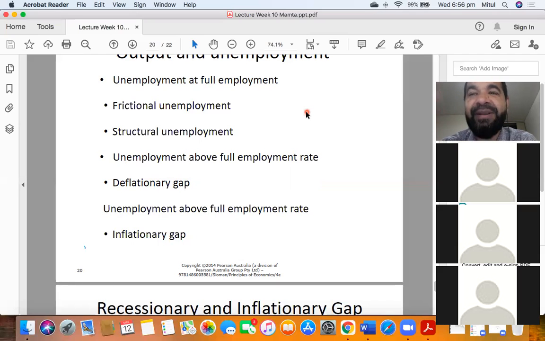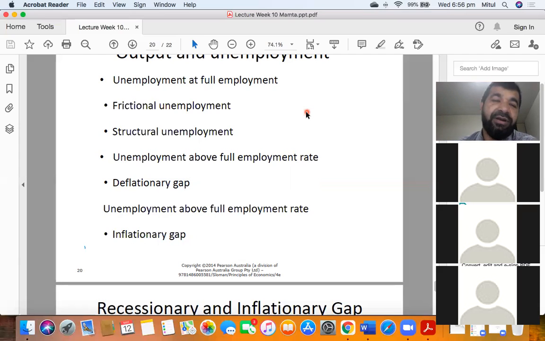So summer is the peak time of the business. Winter is the downtime of the business. When winter time it is down, there will be some unemployment in the country. This is normal. It will always be there. Natural unemployment, we call it, or classical unemployment, the same thing. So if 95% of people are employed, we call that full employment.